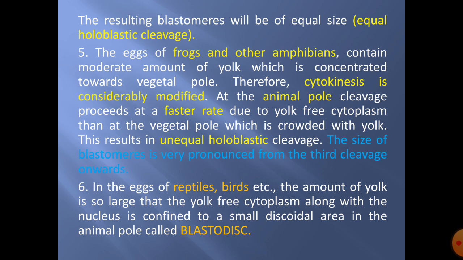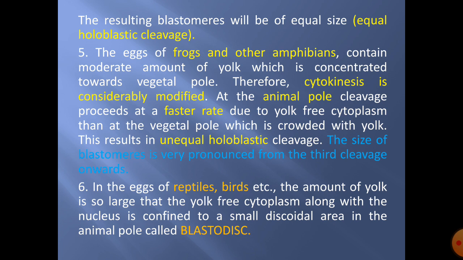This automatically results in unequal holoblastic cleavage. The size difference of blastomeres is very pronounced from the third cleavage onwards. So in frog, the first and second cleavage is holoblastic equal, whereas from the third cleavage onwards it becomes holoblastic unequal.